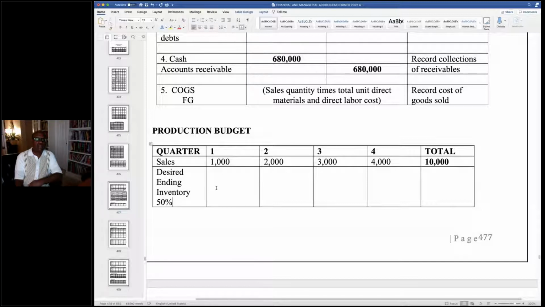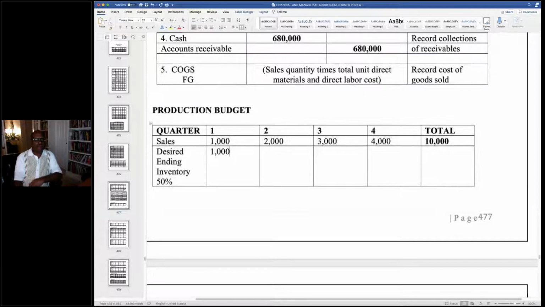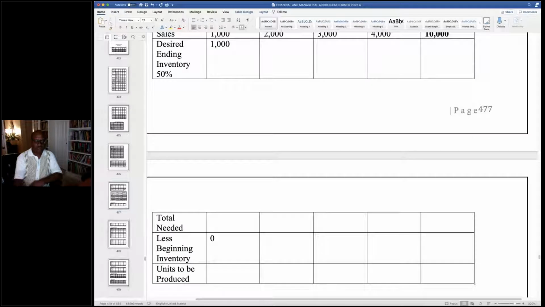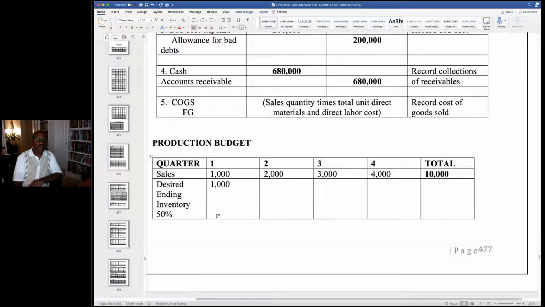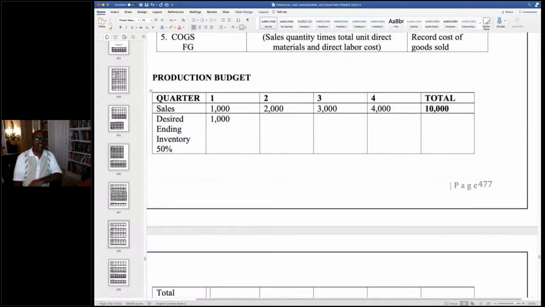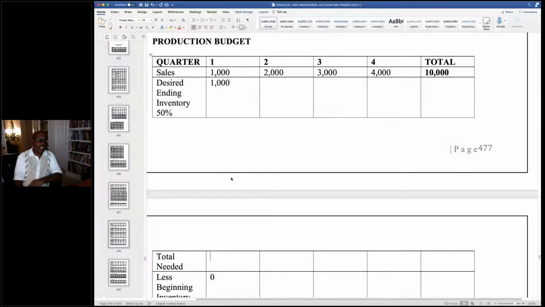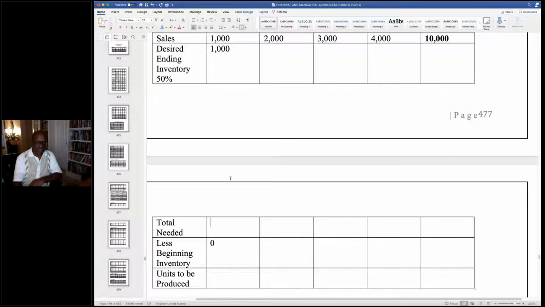So this would be, you're right, $1,000. Total need is what? 3,000. Looks like your total need is 2,000. Oh, yeah, 2,000.